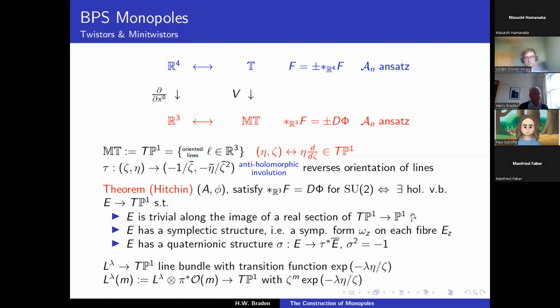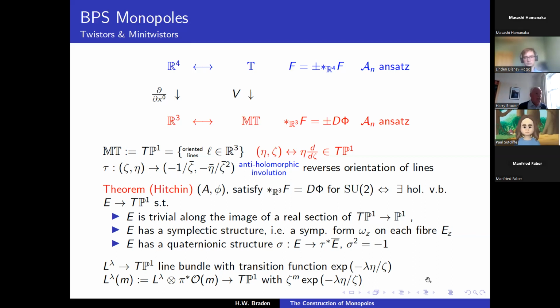I've written here the technical conditions that are required, and the same technical conditions that appear to use the Ward correspondence have their analog in this setting.